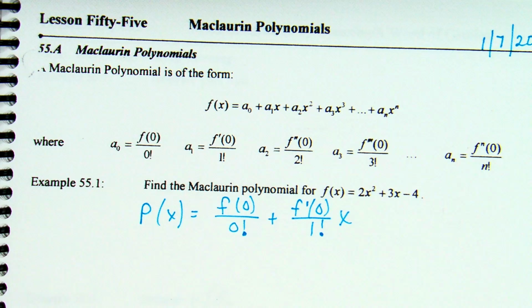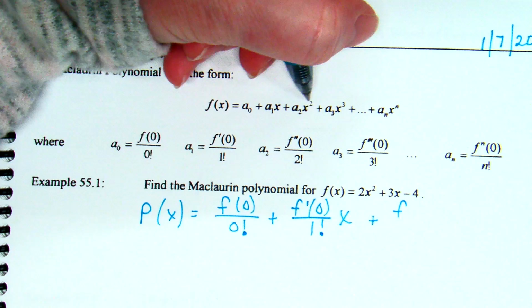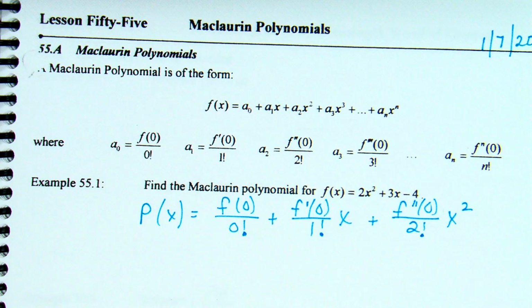Then to get to your second degree, remember it's a of 2 x squared. So a of 2 is the second derivative evaluated at 0 divided by 2 factorial, and then this is x to the second. If we were told to go to degree 4, we'd keep going up through x to the 4th. Or when we're told to go to degree 6, we'll keep going up through x to the 6th.